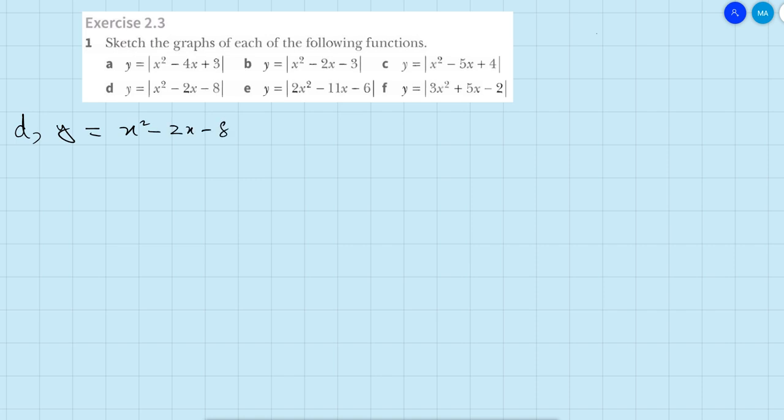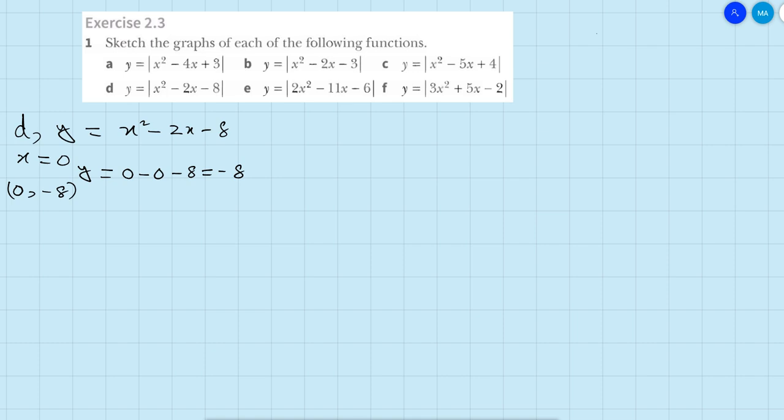So I am not taking the absolute function because this is the first step. Now put x equals 0. So y equals 0 square is 0, minus 2 into 0 is 0, minus 8. So this is minus 8. So the first point is when x is 0 then y is minus 8.